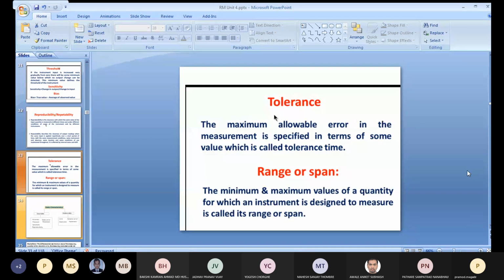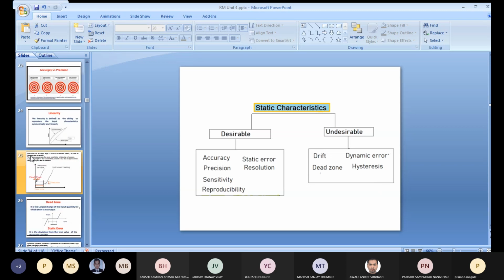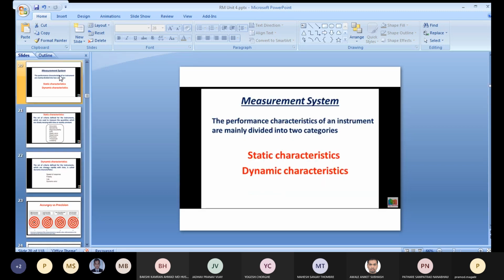So these are the static characteristics which we have seen. Correct? Remember, while writing the answer in exam, don't write all the things. Suppose they asked: write down the static and dynamic characteristics of the instrument. Suppose this is the question. Explain or write a note on measurement system.